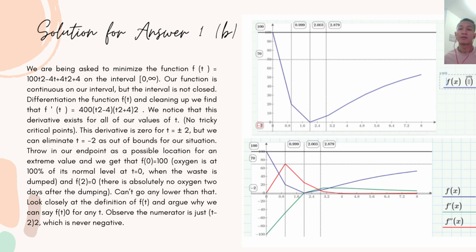And when t is equal to 2, we obtain that the lowest possible oxygen level is 0. So there's no oxygen in 2 days of dumping. We cannot go any lower than that, since the simulation also shows that the graph rises after day 2.